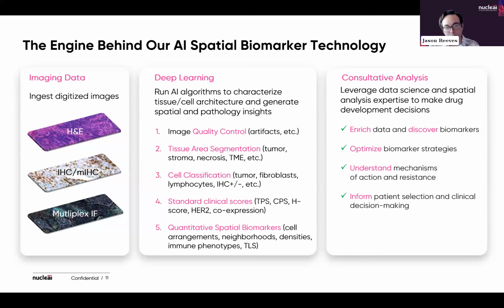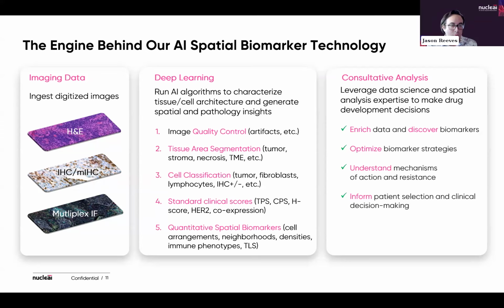These can be metrics that a pathologist can be benchmarked against as standard biomarkers, such as the tumor proportion score or the H-score, or they can be features that go beyond what a traditional pathologist review is going to calculate, because they're focusing on interactions at a cell level or at a structural level.